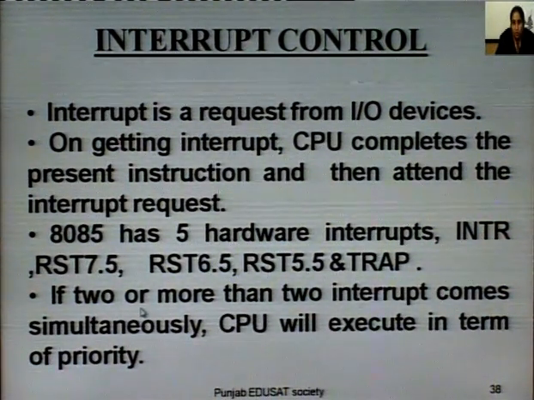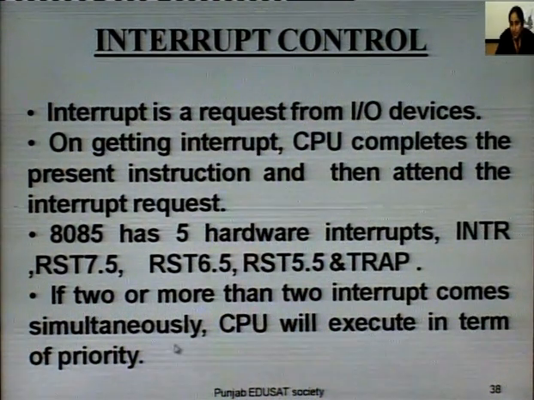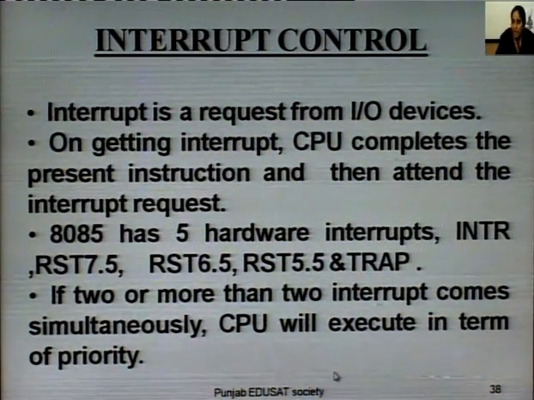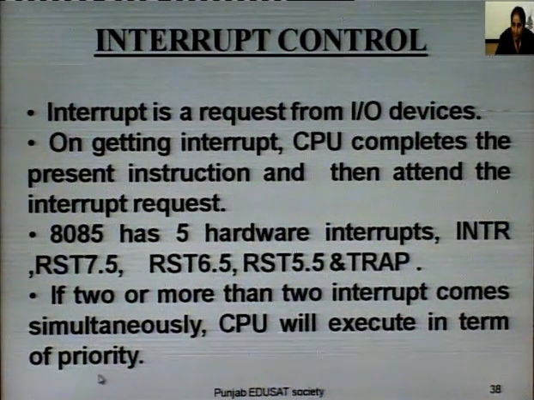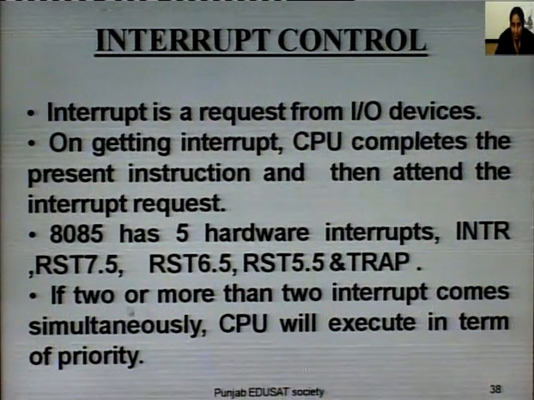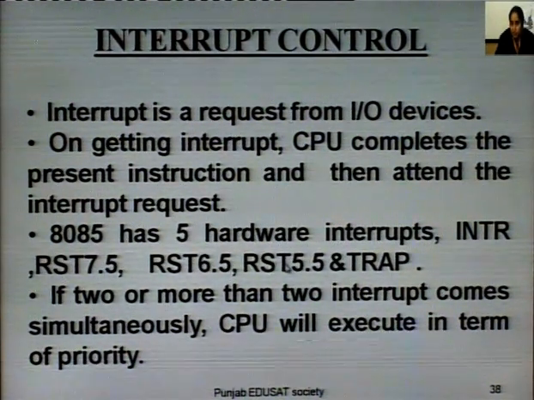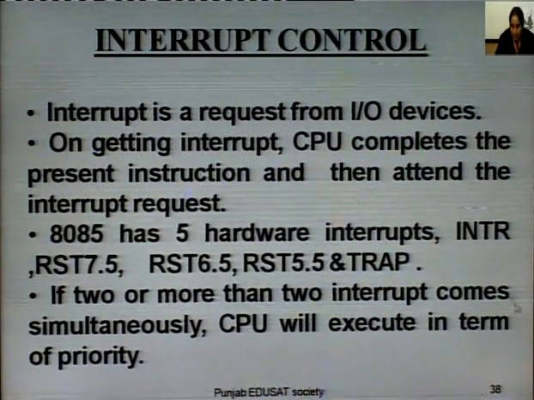If 2 or more interrupts come simultaneously, the CPU will execute them in terms of priority. Trap has the highest priority, after that RST 7.5, 6.5, 5.5 and then interrupt request.